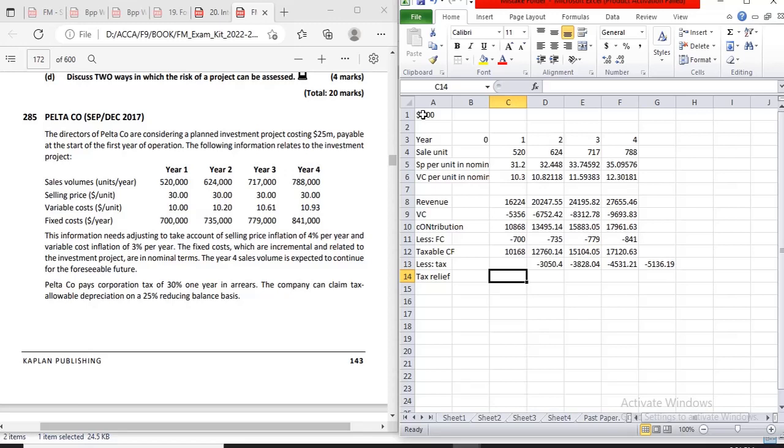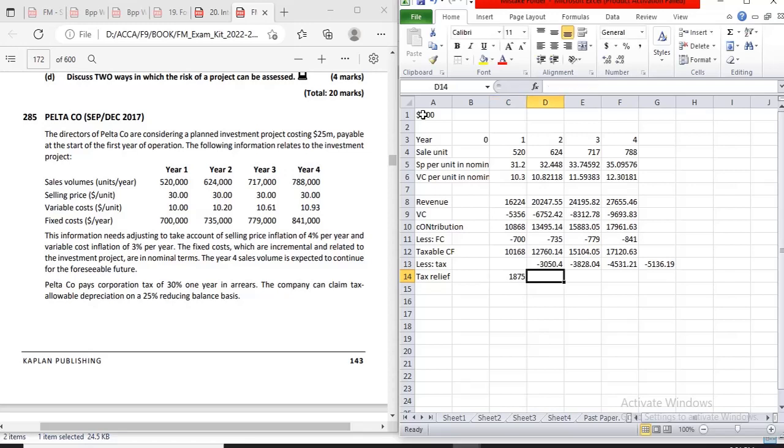Just go and watch those videos to learn about tax relief. So how will we get the tax relief? First, take the initial investment, which in our case is 25,000, taking 30 as common, multiply it by the depreciation rate and then the tax rate, 25%.